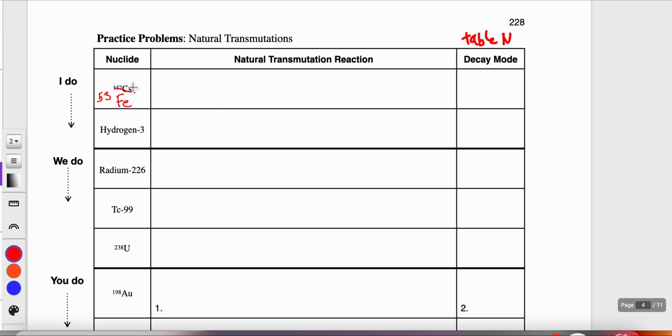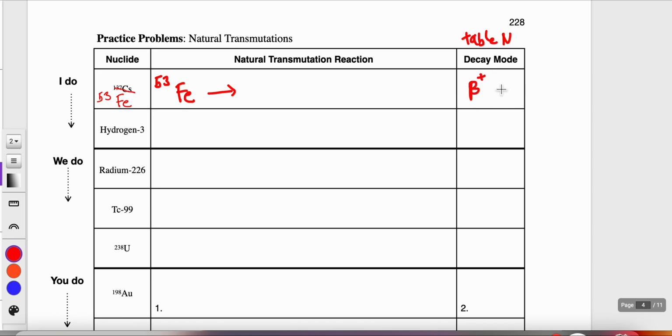So I know that I'm starting off with the radioisotope of iron, Fe. And based on the information, I know it has a mass of 53. And then going to Table N, I see that its decay mode is a funny looking B with a positive sign.